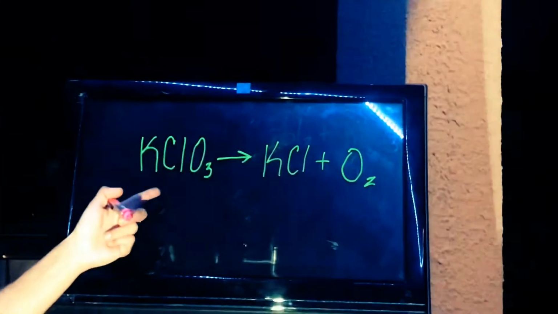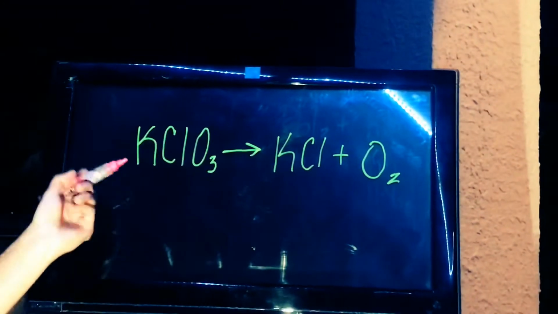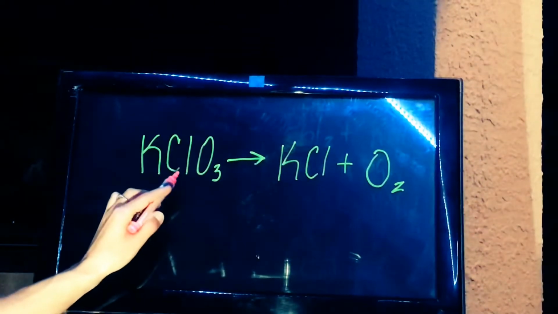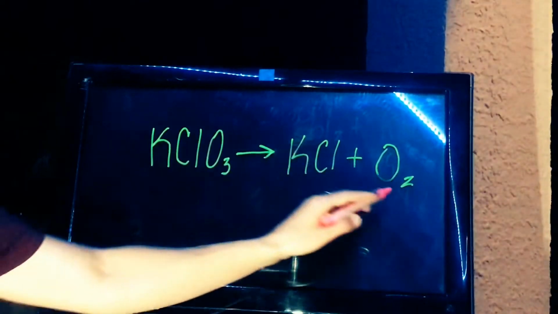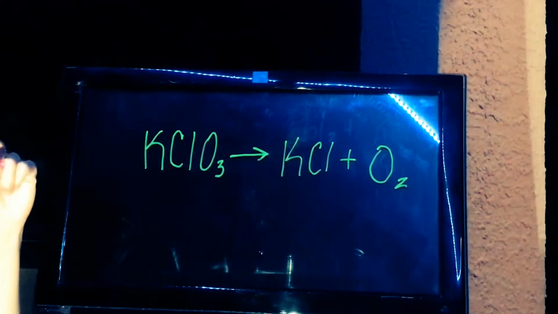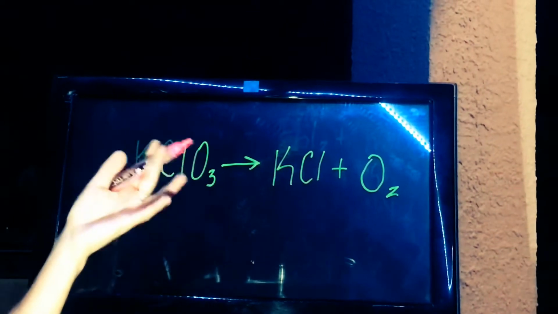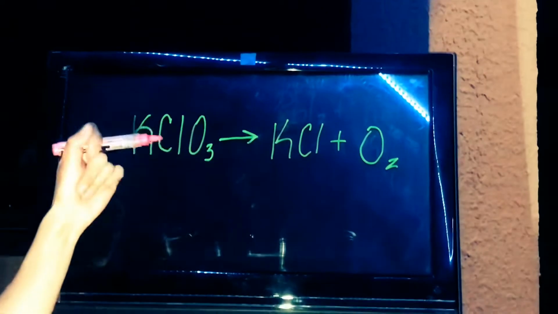Okay, now since we're not amateurs no more, I'm gonna do it faster. This is your equation. I'm not gonna list atoms no more, and if you get it, you can do it my way. So look over here, K, 1 here, 1 here. I'm good. Cl, 1 here, 1 here. I'm good. Oxygen, 3 here and 2 here. Uh-oh, it's a problem. 3 and a 2. Remember, you don't add. So what can I do with 3 and a 2? Flip them.